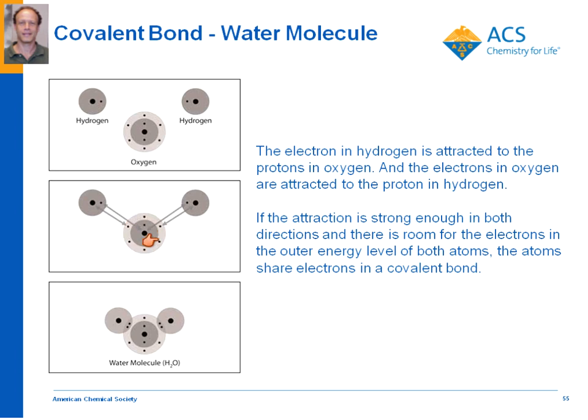And if there's room on the outer energy level and the attractions are strong enough in both directions, they're going to bond. And this way, there's this classic way of saying they're sharing electrons. So electrons are going to be shared between the oxygen and the hydrogens.